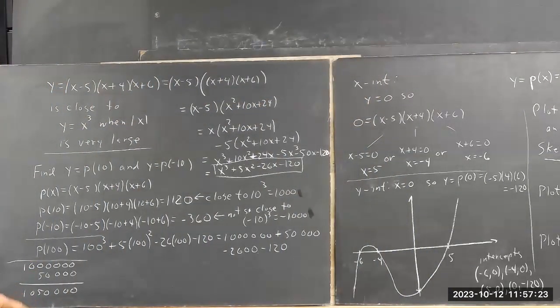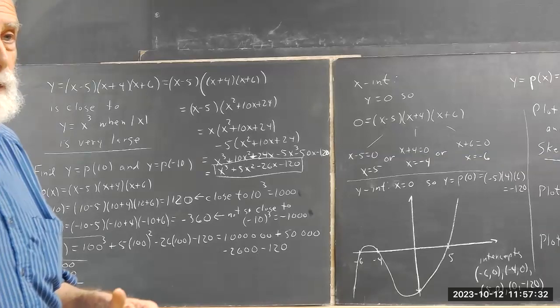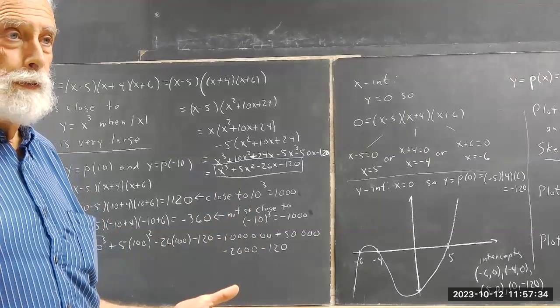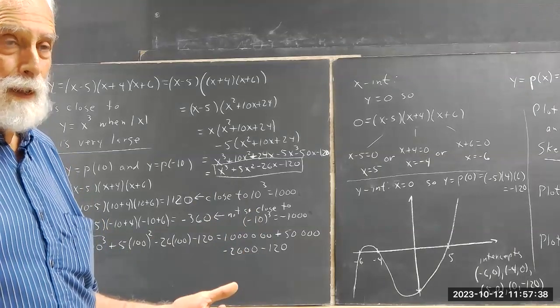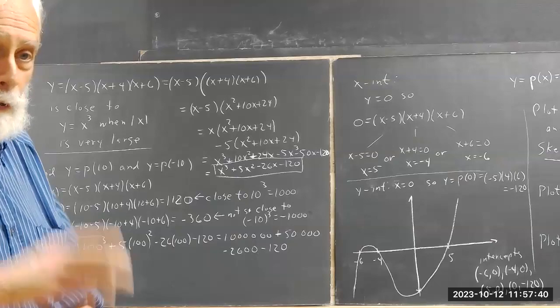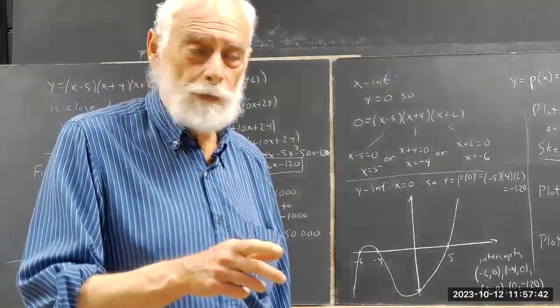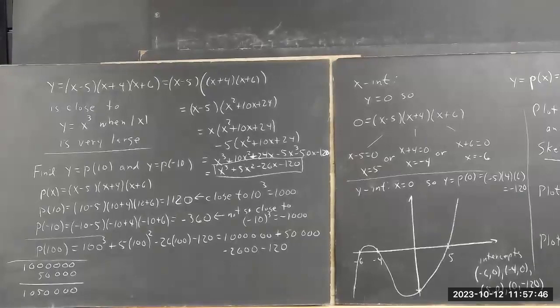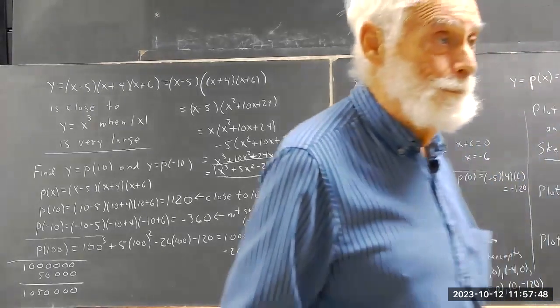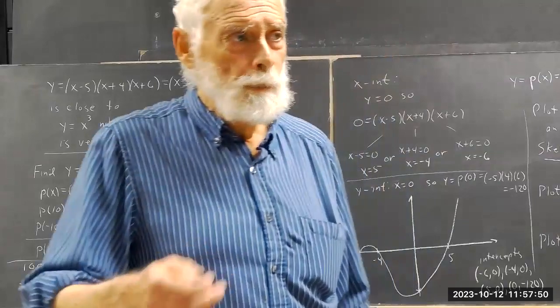Okay, so my point is, if somebody came to you and said, I'm going to give you $1,050,000, or I'm going to give you just $1 million, would you be particularly worried about which way it came out?